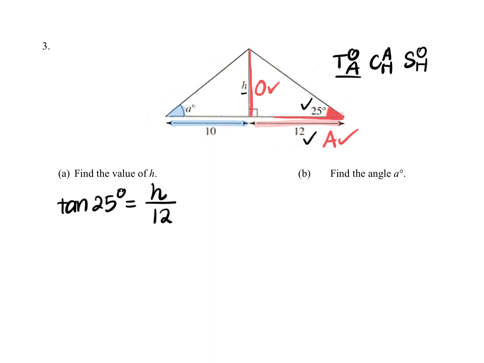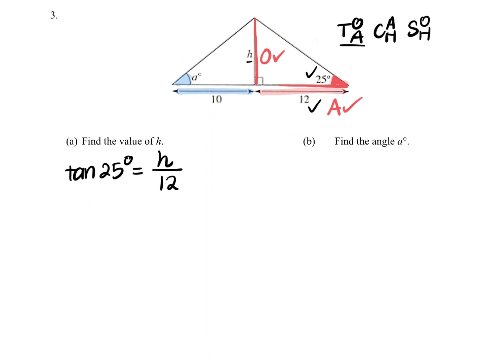So when you have this kind of question, what do I do? H is on top, so I can just happily cross multiply. So this will be 12 times tangent 25. Some of you prefer pressing the calculator, please go ahead with all the numbers, but do copy at least 5 sig fig for accuracy.